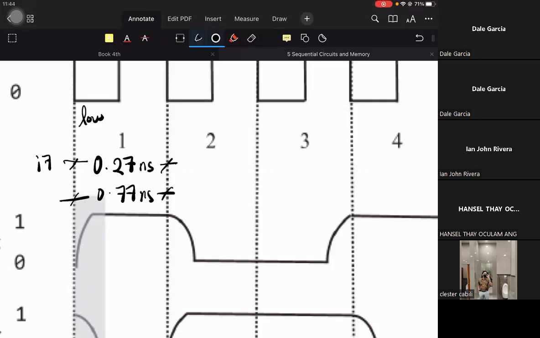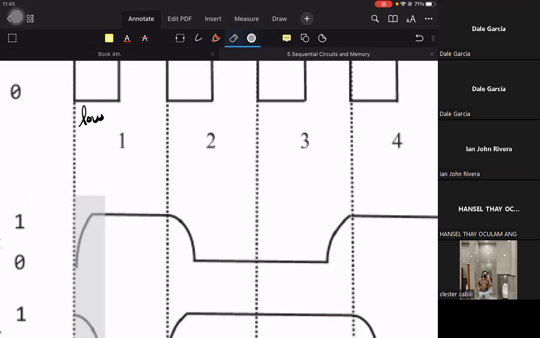The Pentium 4 is 0.77 and the i7 is 0.27. So how many times faster is it? 0.27 divided by 0.77 is 0.35 times the cycle duration of the Pentium 4.